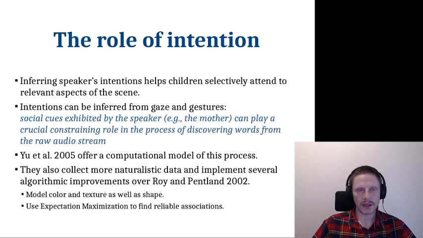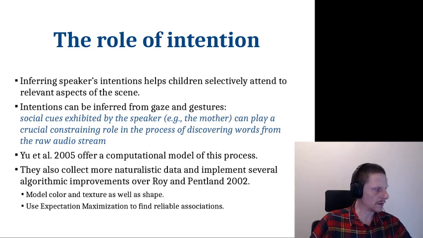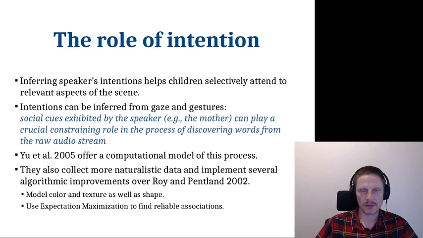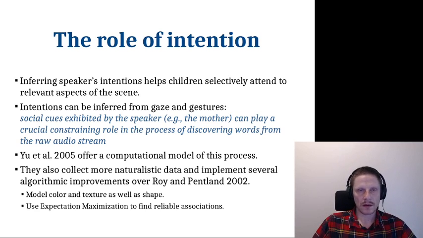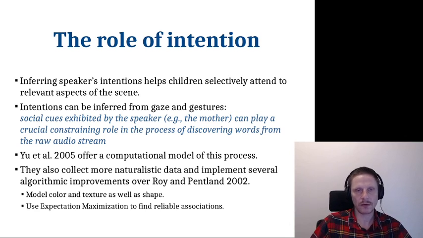If a child is playing with someone, and this someone is looking at a book and at the same time talking about the book, then it helps the child focus their attention on this particular object and makes it easier for them to constrain the possible hypotheses about which aspects or features of the scene go with which features of the utterance.